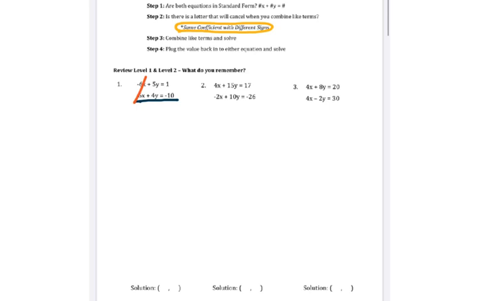So those are ready to eliminate. -6 plus 6 is 0, so there's no x's left when we combine like terms. So 5y's plus 4y's is 9y. 1 minus 10 is -9. Then we need to get y by itself, so we divide by 9 and divide by 9. So that leaves me with y equals -1.